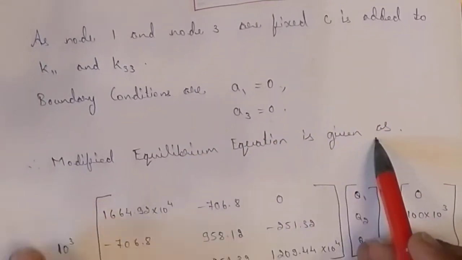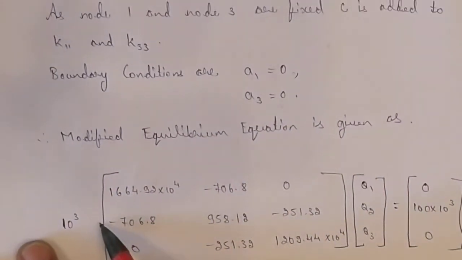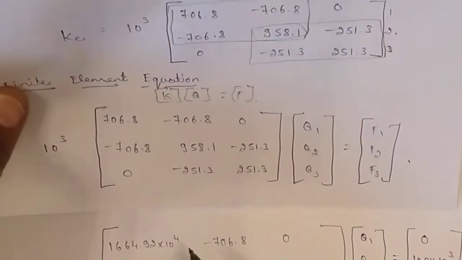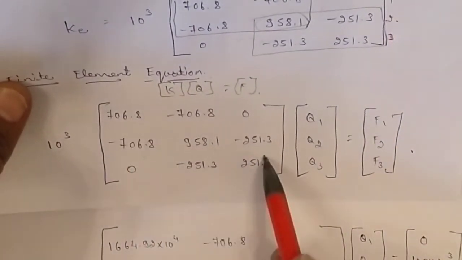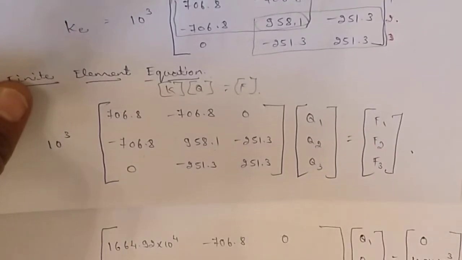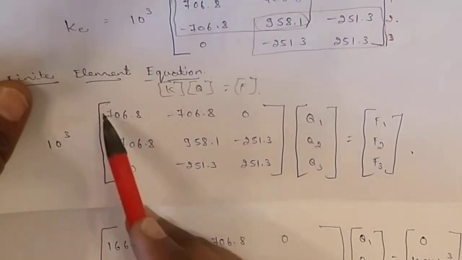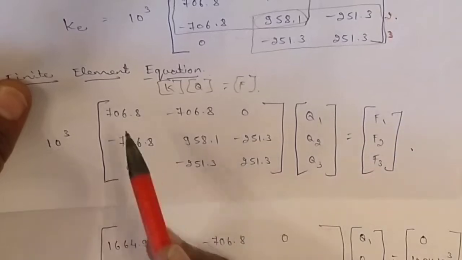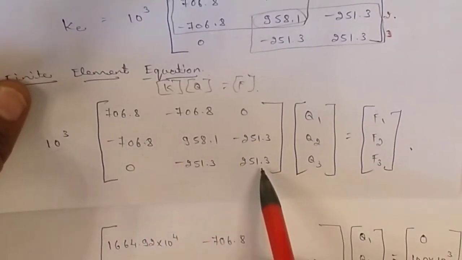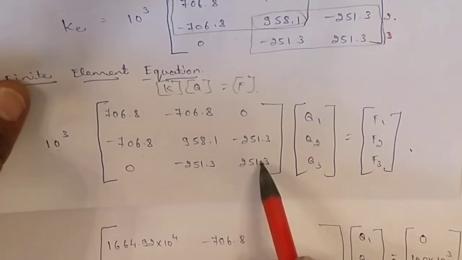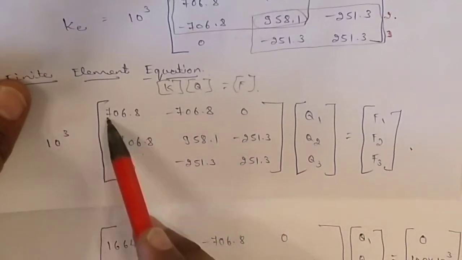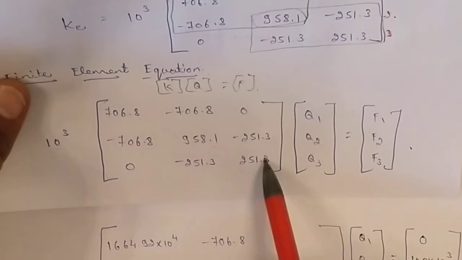Modified equilibrium equation is given as, so 10 power 3. So this equation is modified now. That is, we are adding C values to this one and this one. Okay, understood? Because this is a principal diagonal element and node 1 and node 3 is fixed. So since node 1 and node 3 is fixed, C value is added to the principal diagonal elements of node 1 and node 3.